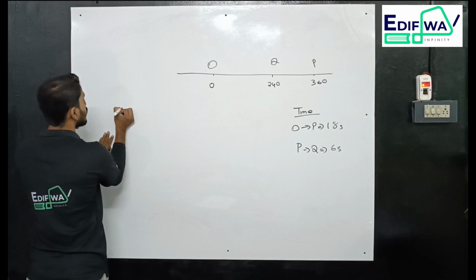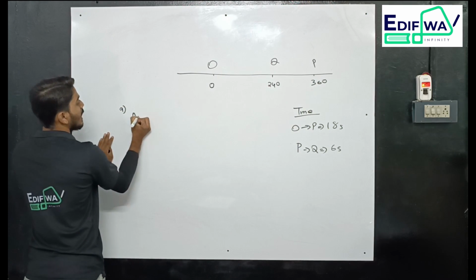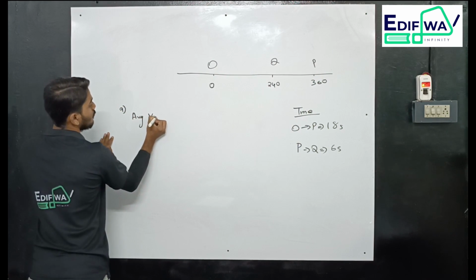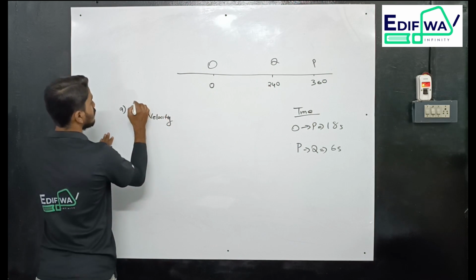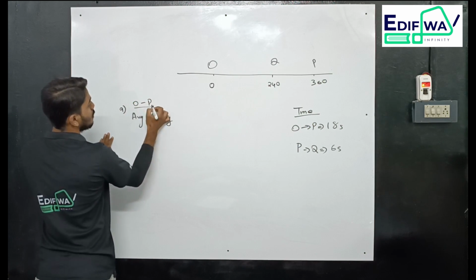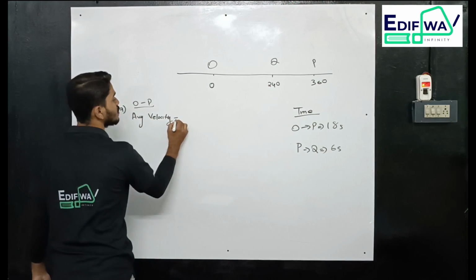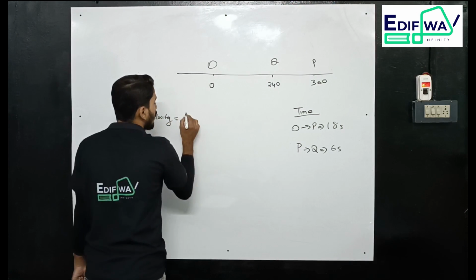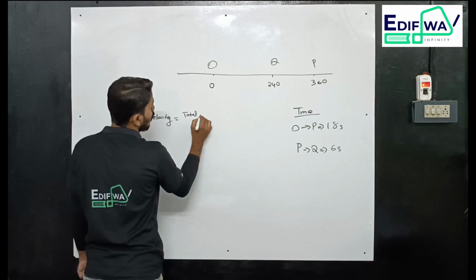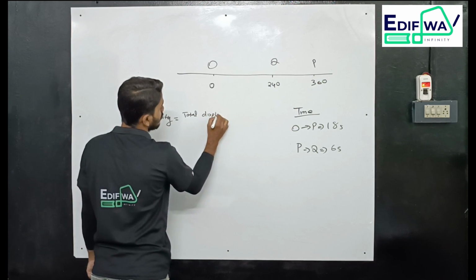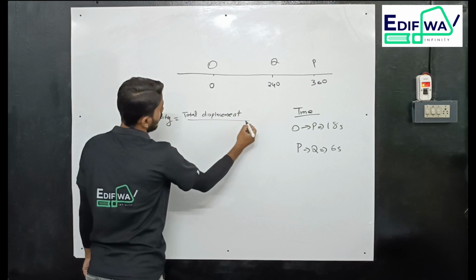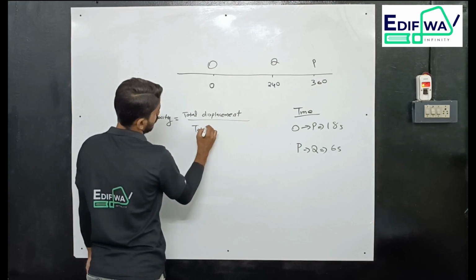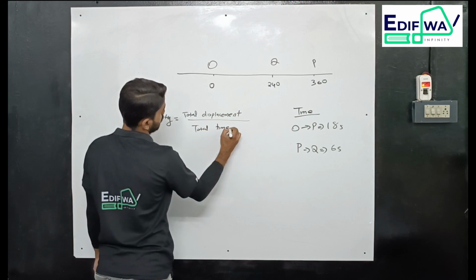Now you are asked to find the average velocity. So what about question A? The average velocity you have to find from O to P. The equation for average velocity is total displacement by total time.